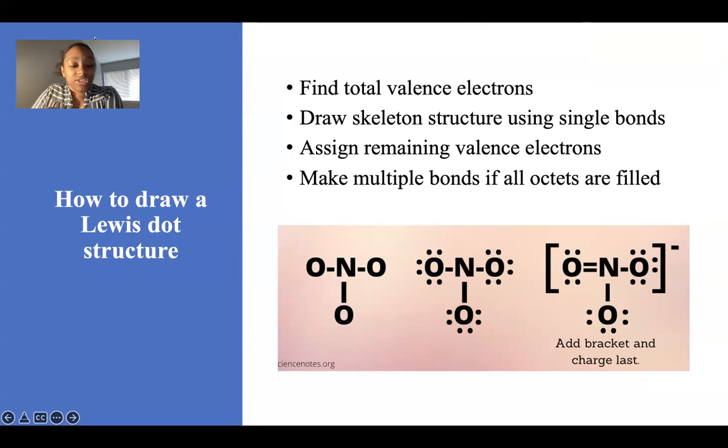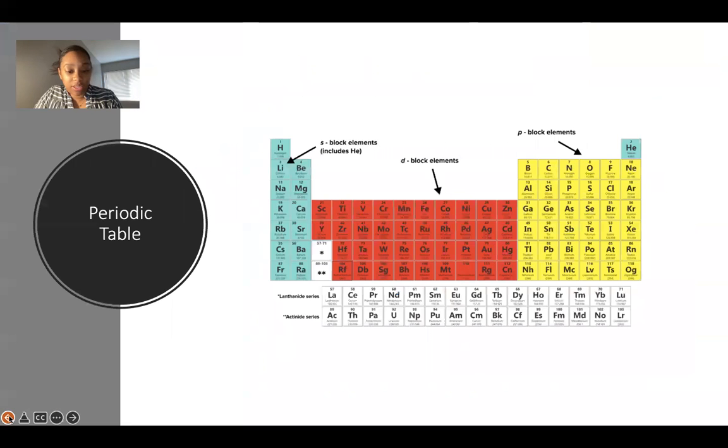This is just some of the rules. That's why the periodic table is important, because within it, the valence electrons of an element coincide with the group number. Does that make sense? For example, let me go back to the periodic table.